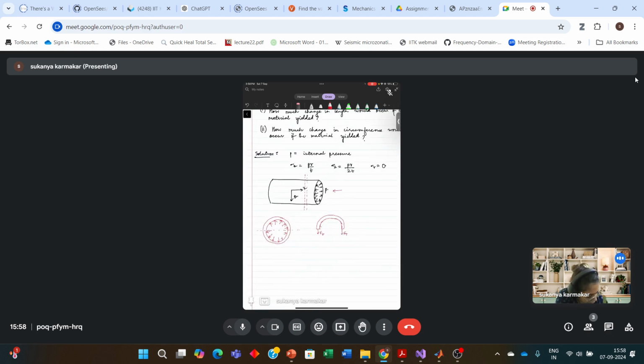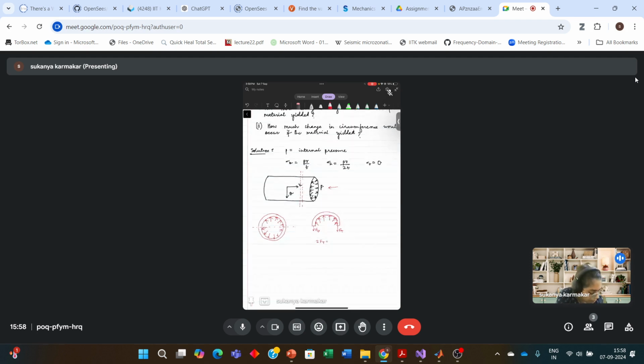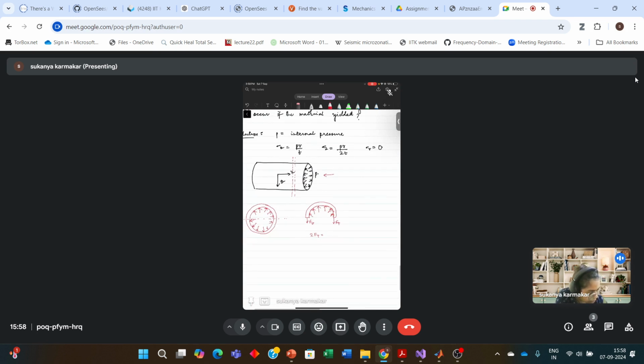And you have a pressure P acting. So you can write 2F_t is the force in the vertically downward direction, equal to the pressure force on this projected plane, and let's say this ring has a width of b in this direction. B is the width.